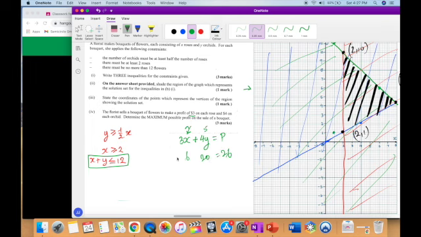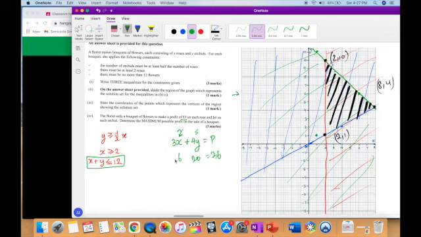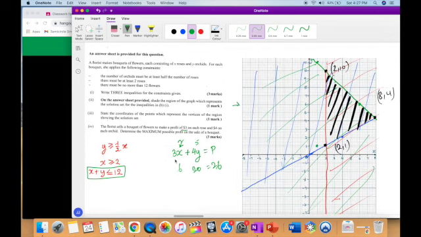What does this graph tell us? Remember what we were talking about there: we have these inequalities here. First of all, the number of orchids must be more than half the number of roses.